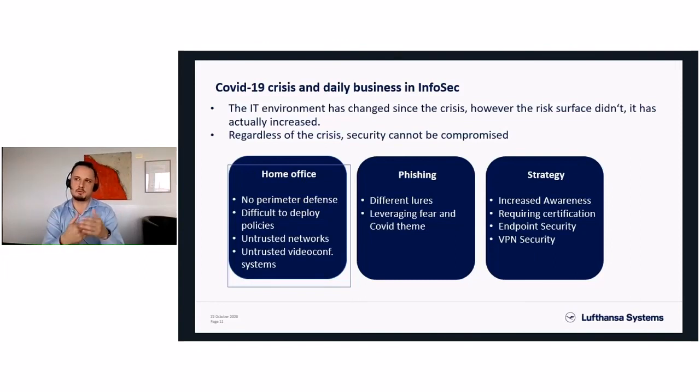If there's a business pressure to work from home, to remove these perimeter defense controls, we have to adapt, and that's what we are doing, to make sure that our applications are secured, our employees are secured, our data is secured. So this is from the business side and from the operational perspective: how do we deal with it? And I think we will see more and more controls enhancing and adapting to this new model.